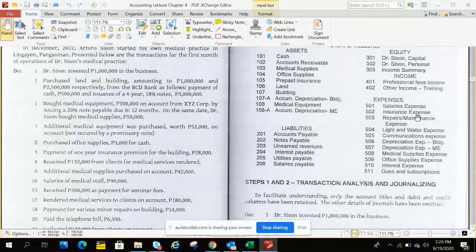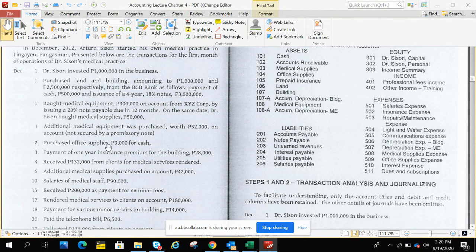Payment of 1-year insurance premium for the building. Sige. Dahil, kailan tayo nagbayad? Beginning of the month. Nagbayad tayo beginning of the month for 1 year. So, sa tingin nyo ba, yung insurance ba na yun na binayad natin ay nagamit na natin for 1 year?